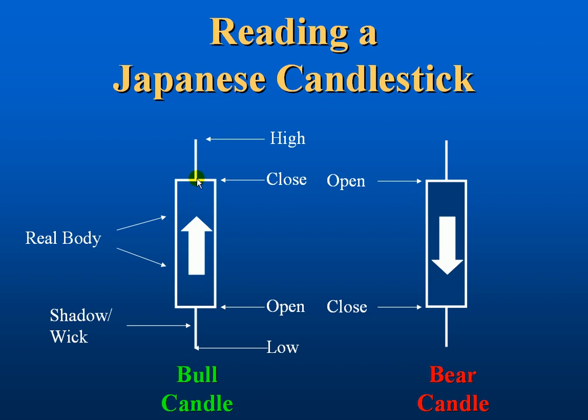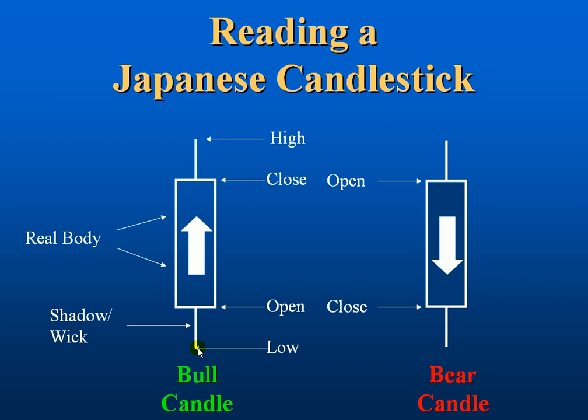Now each of these candlesticks will represent a specific time period, whether it's 5 minutes, 15 minutes, 30 minutes, an hour, 4 hours, daily, weekly, etc. So this candlestick represents trading price action within a given time period.